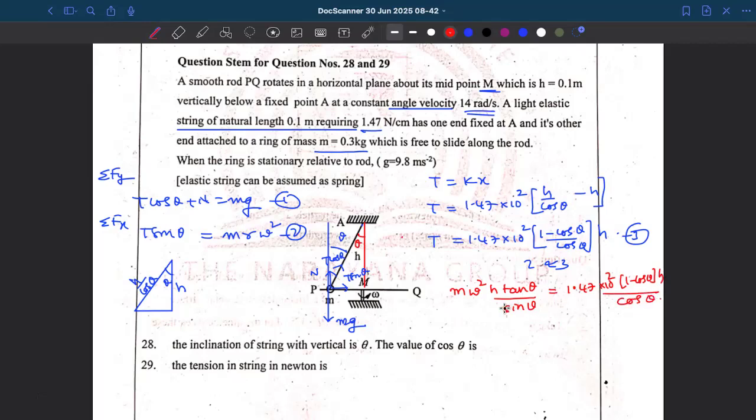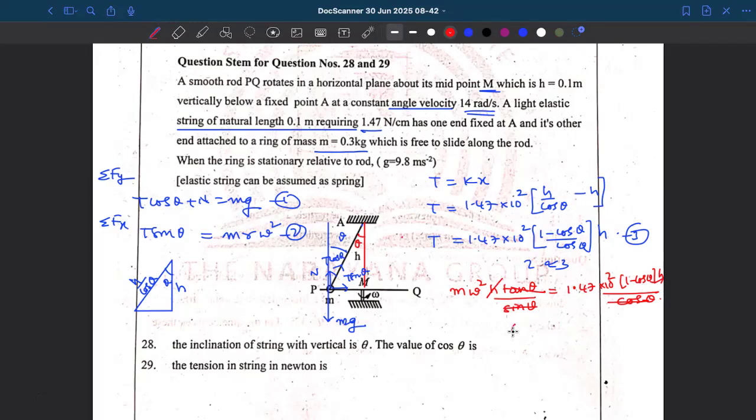Don't forget, the moment when you substitute, all this gets cancelled. Trust me. Now, what do you want? H also gets cancelled. You will get a cos theta term from this. Once you get cos theta, you will get everything.